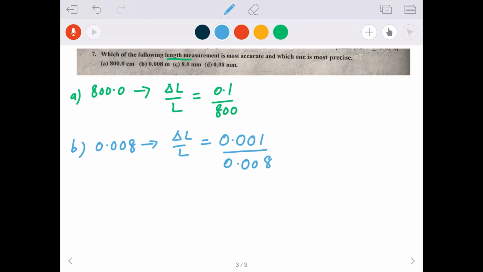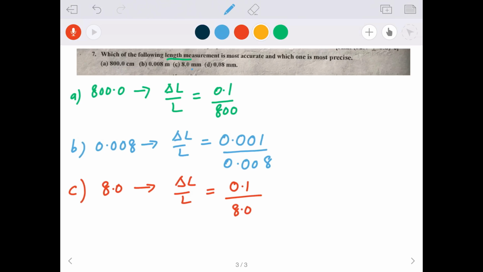Similarly, C is 8.0 millimeter. So that is also delta L by L, the relative error, which I can write as 0.1 divided by 8.0. Because after the decimal point we have one place value, so 0.1 divided by 8 I can write.